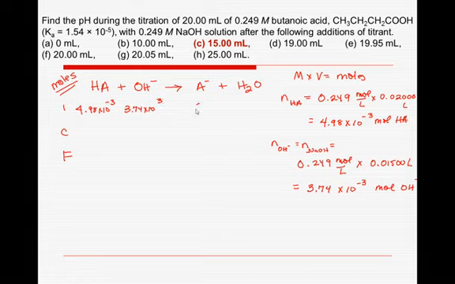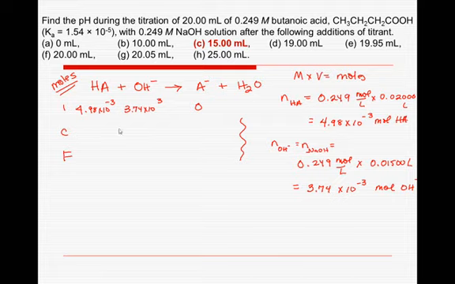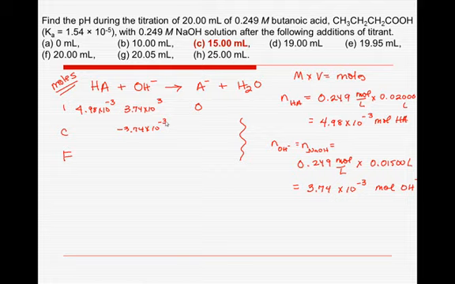Again, there is no A minus yet, and we don't worry about the water. The smaller of the two will get consumed, so I will consume the 3.74 times 10 to the minus 3 of the hydroxide and carry that across every part of this ICF table.